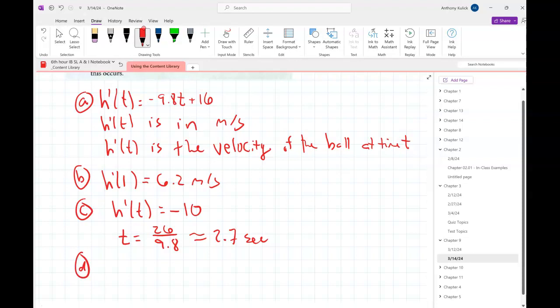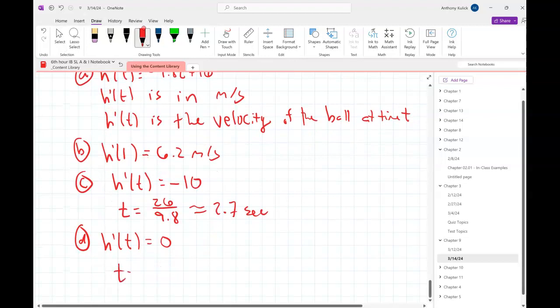At what time is the velocity of the ball equal to 0? How would I do that? At what time is the velocity of the ball equal to 0? Just doing that, right? So I'd subtract 16 from both sides and then divide by 9.8.